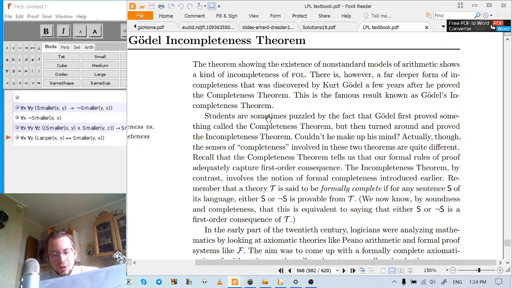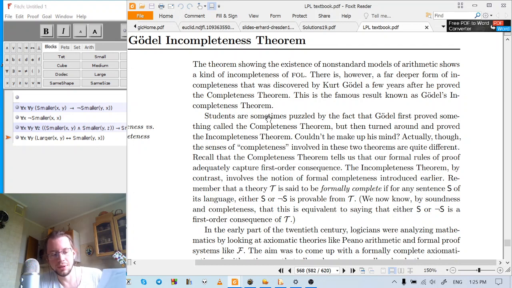So, if a sentence S is provable from T, then it's equivalent to say that S is a first-order consequence of T, because we know that if S is provable, then it is an FO consequence because of the soundness theorem.